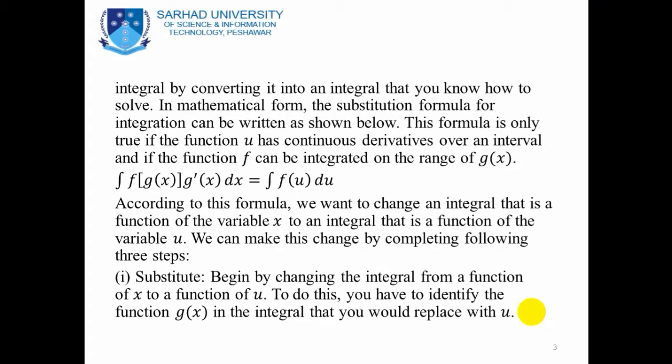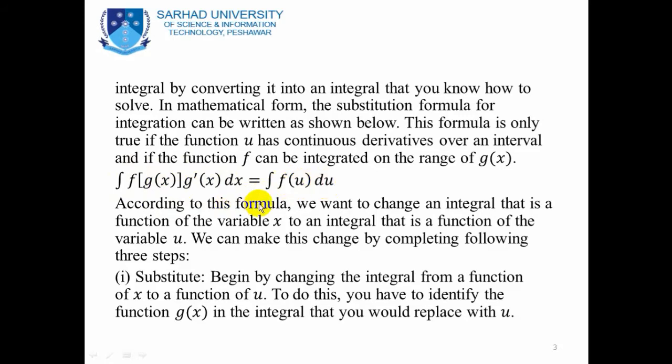This formula is only true if the function g has continuous derivatives over an interval and if the function f can be integrated on the range of function g in domain x. For example, you see over here, this is actually the integration of the function f of g of x into g prime of x with respect to x, and this is equal to the integration of f of u with respect to u.